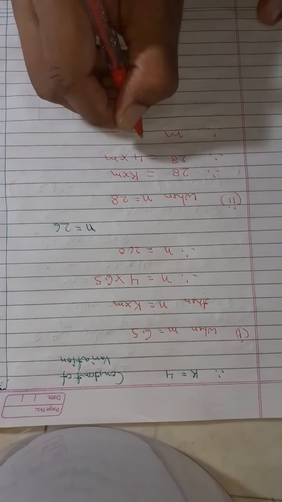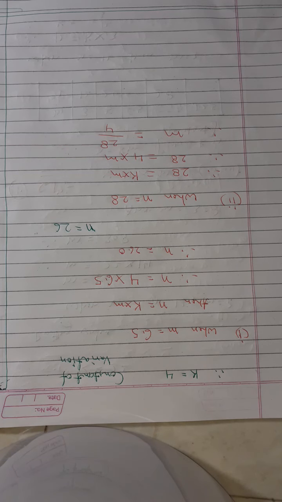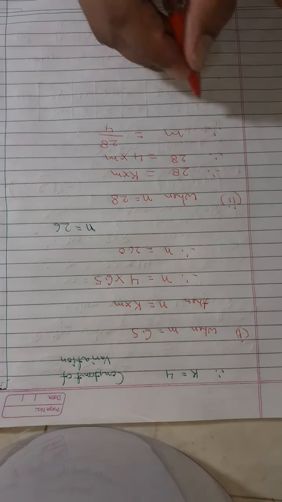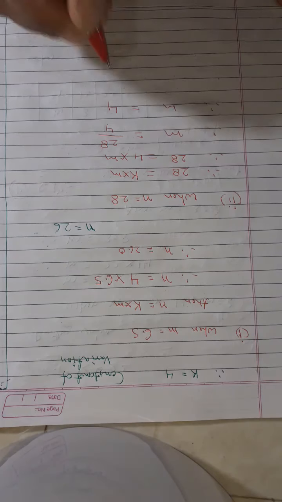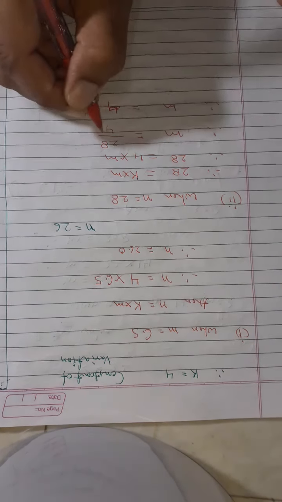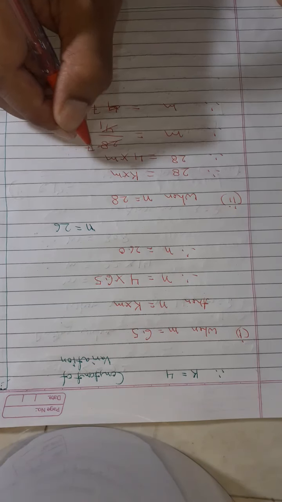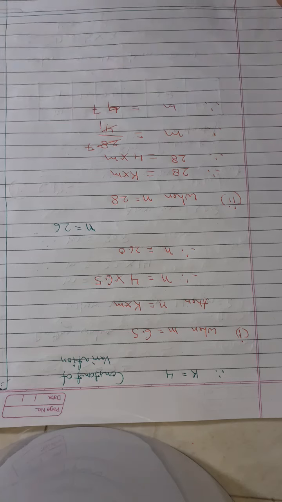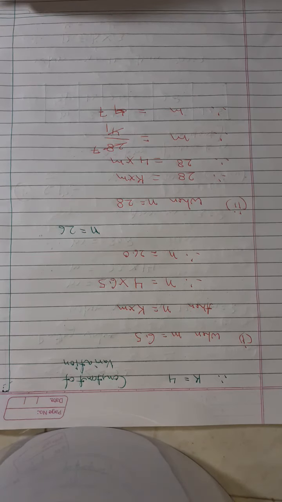Therefore m is equal to 28 upon 4. Clear? Therefore m is equal to 7. 4 1 is 4, 4 7 is 28. So you are getting 7. Clear? So m is equal to 7 we got. So the second part is also completed.